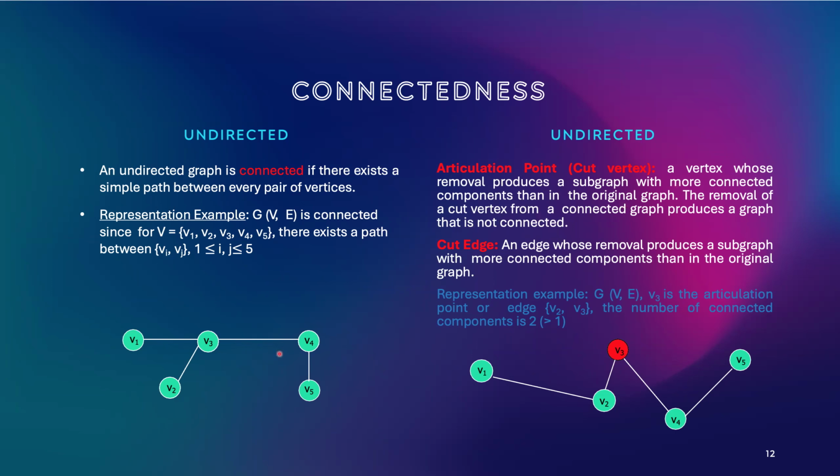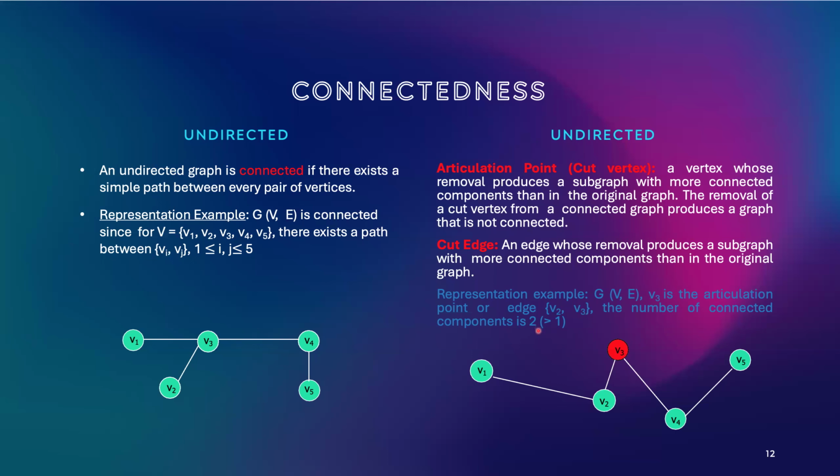An articulation point, which is also called a cut vertex, is a vertex whose removal produces a subgraph with more connected components than in the original graph. And the removal of a cut vertex from a connected graph produces a graph that is not connected. A cut edge is an edge whose removal produces a subgraph with more connected components than in the original graph.